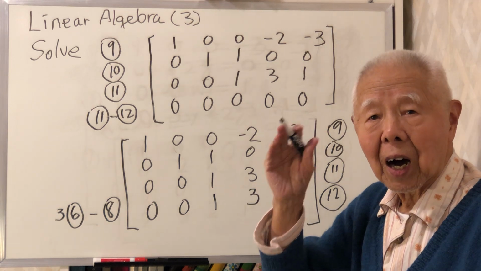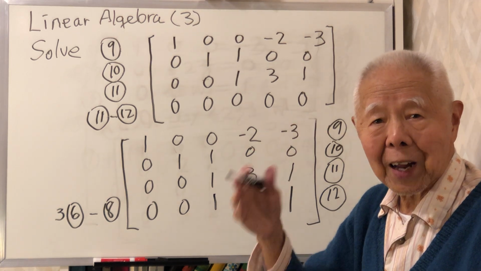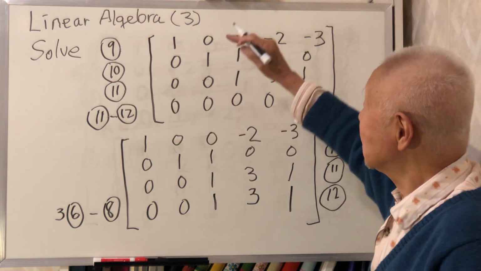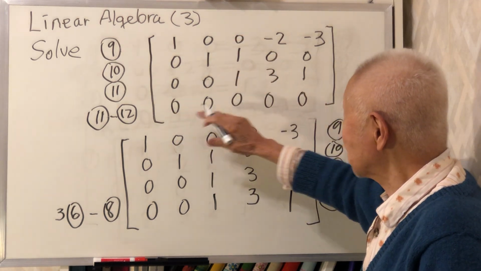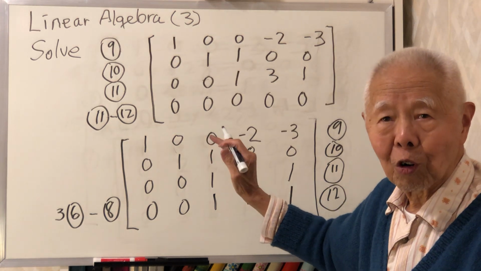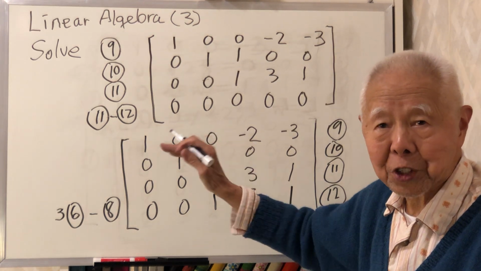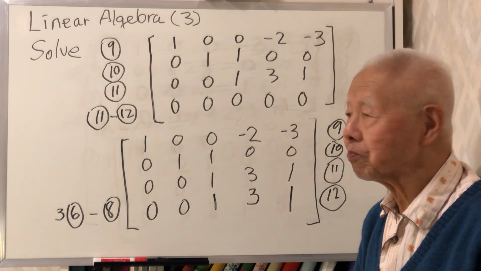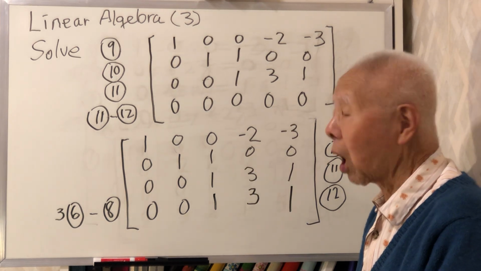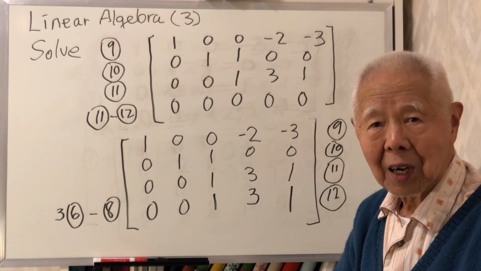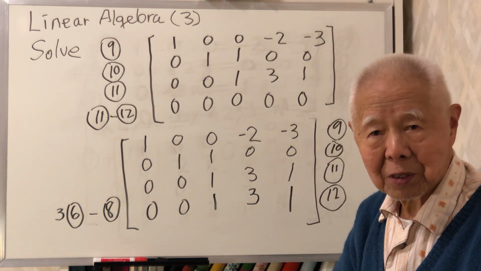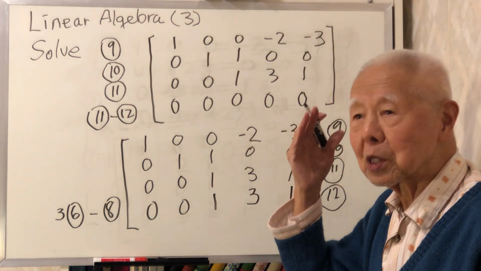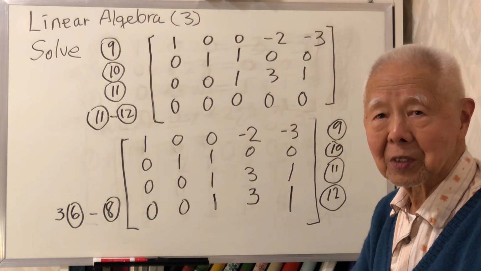So what is left are 3 equations only. There is no next equation. The fourth equation is nothing. So I have 3 equations. However, I have 4 unknowns.